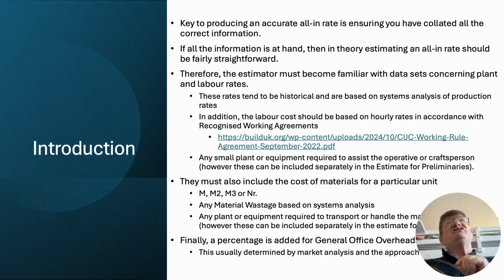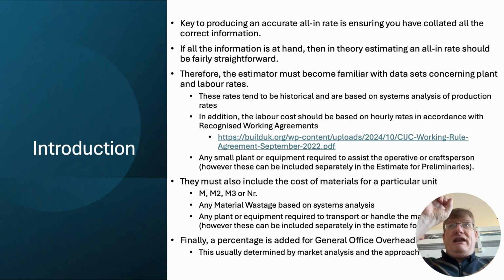You can then start to build, for instance, an all-in rate, which, as I said, if I just run through it again: material, plant, labour. And in addition to that, each all-in rate is basically a rate per metre squared, per metre cubed, per tonne, per number, per linear metre.